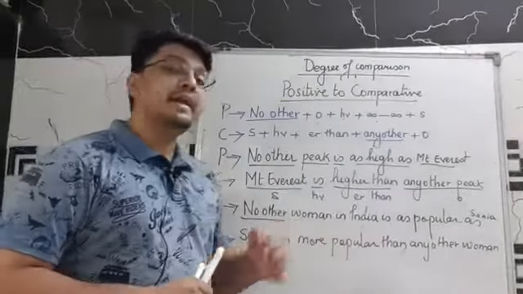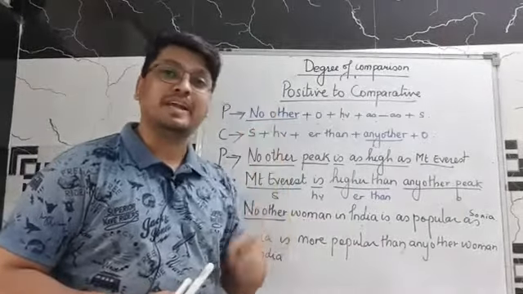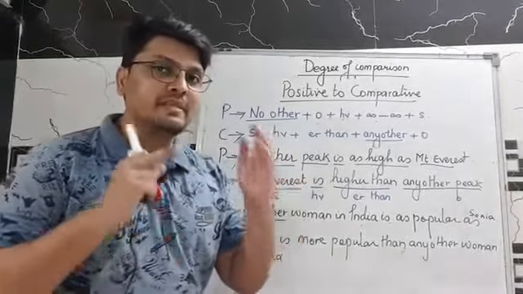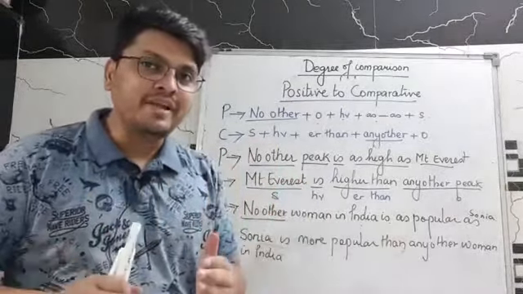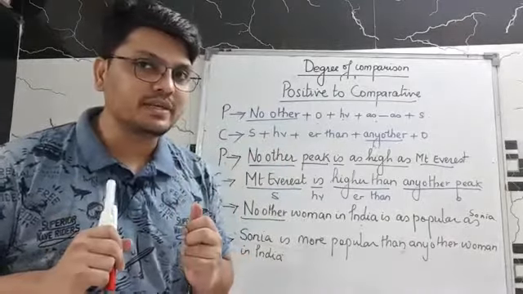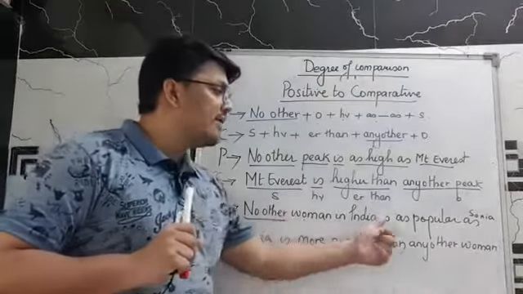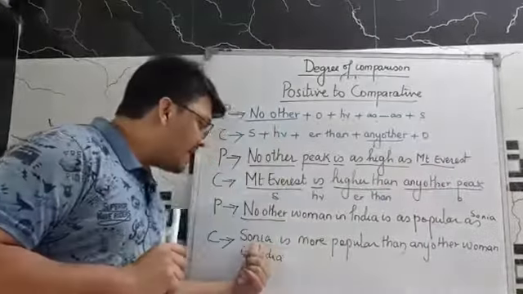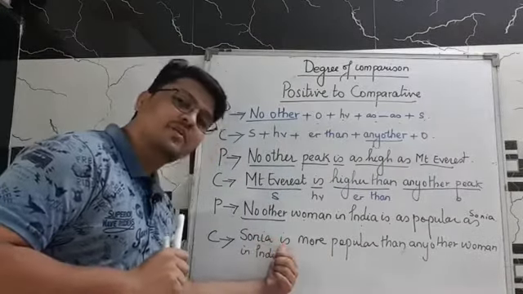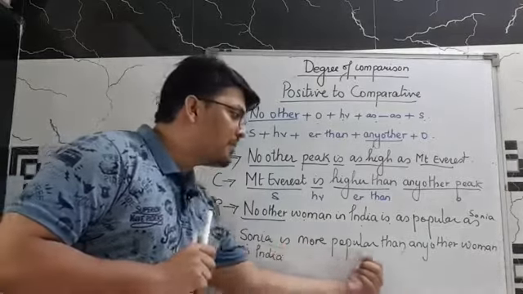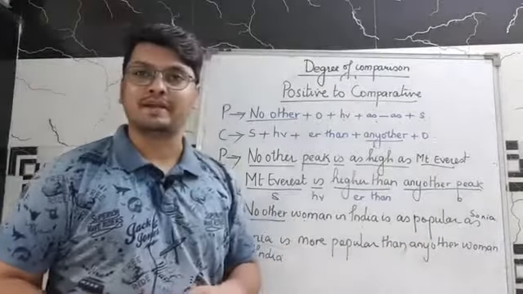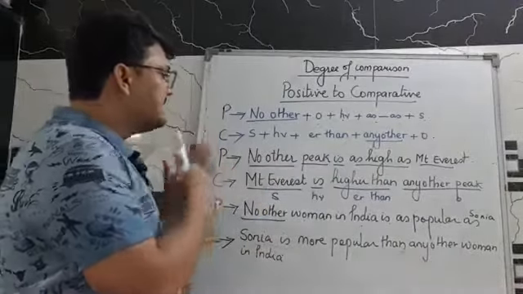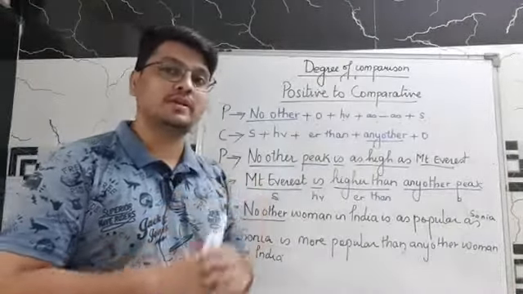No other woman in India was as popular as Indira Gandhi. So if my positive degree is in past, so my comparative degree will also be in past. So no other woman in India was as popular as Indira Gandhi. So Indira Gandhi was will become was more popular than any other woman in India. Okay. So this is positive degree starts with no other.